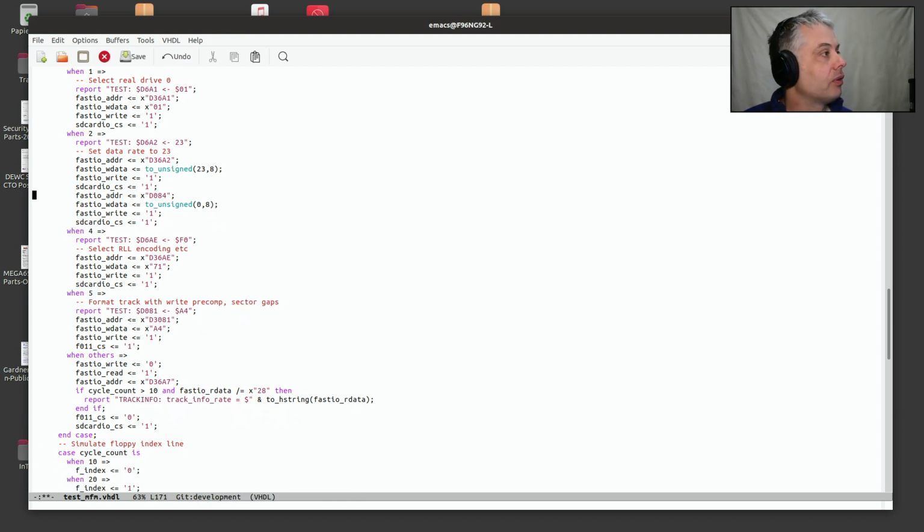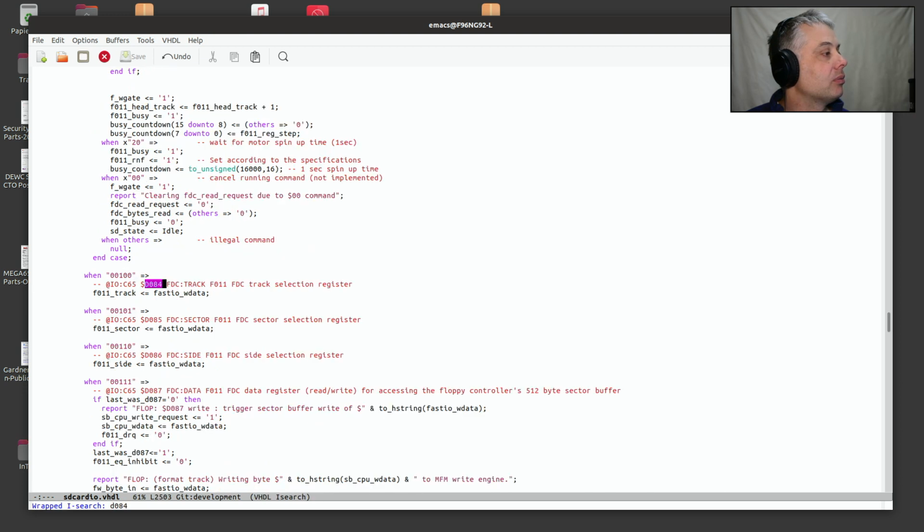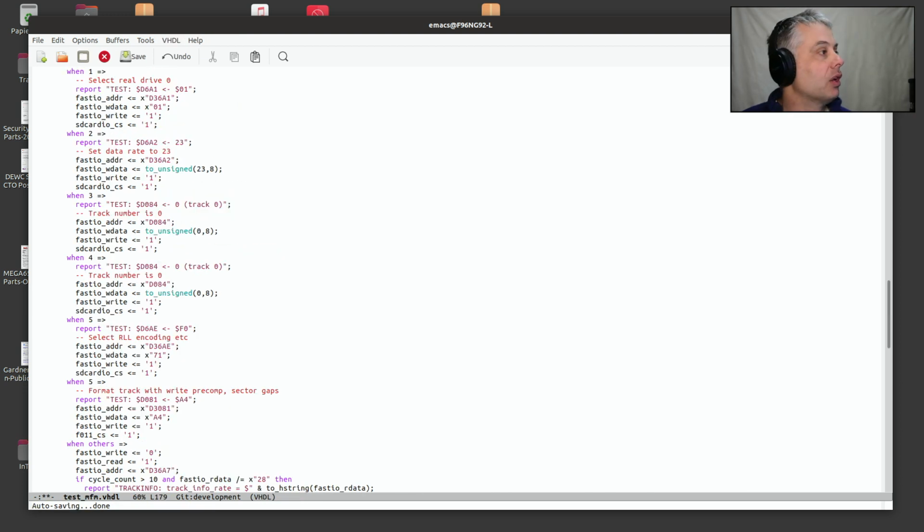Since that bitstream that I was using, sorry, what was it? D085 is the sector. Yeah. So I've now made it so that when you set the sector count to some arbitrary number, 42 sectors per track, that's what in the track information block will actually be written as a number of sectors per track, which just makes it a little bit easier for things that are reading it.